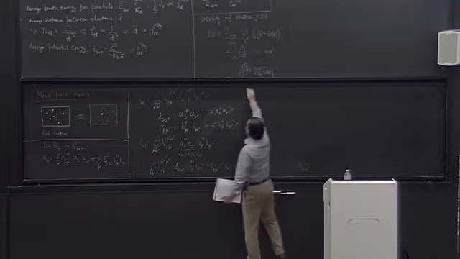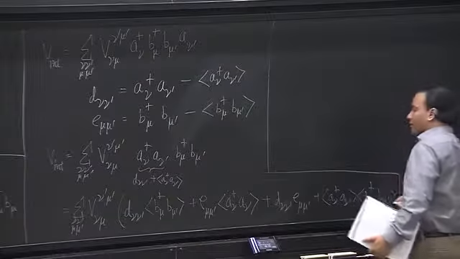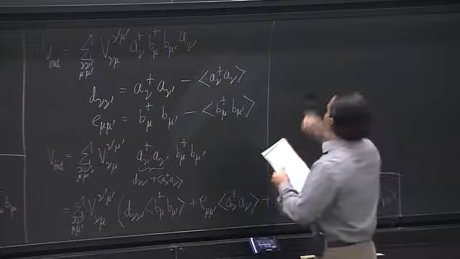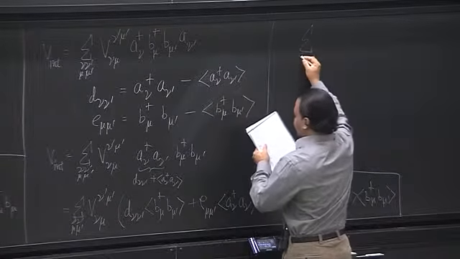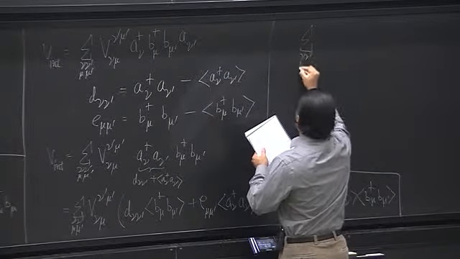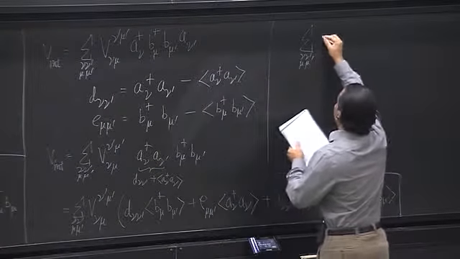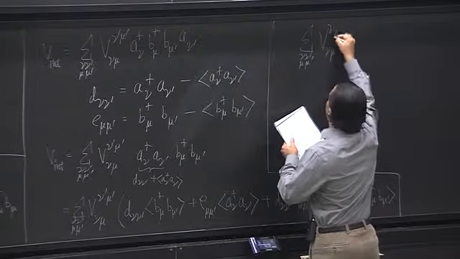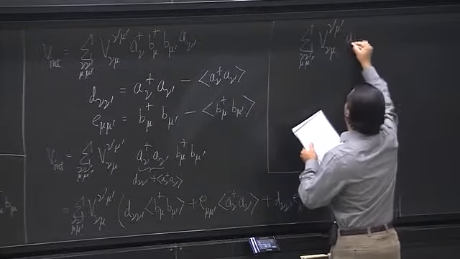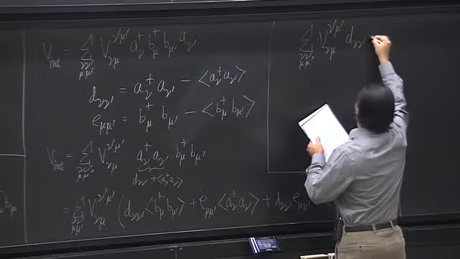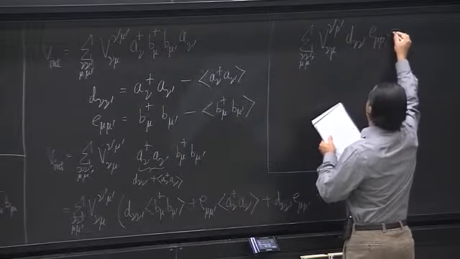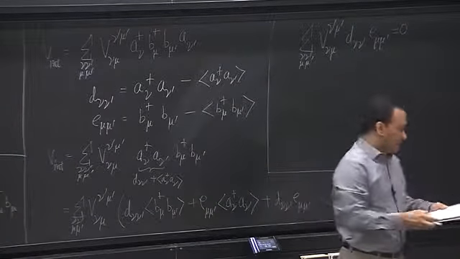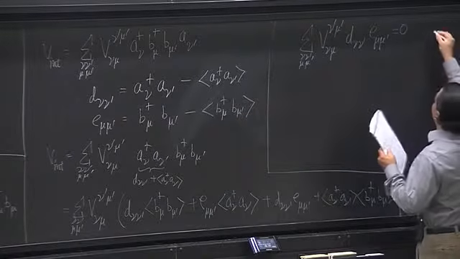Now, what mean field approximation formally says is that we ignore this term. So the approximation really is ignoring this term. So this is the approximation.